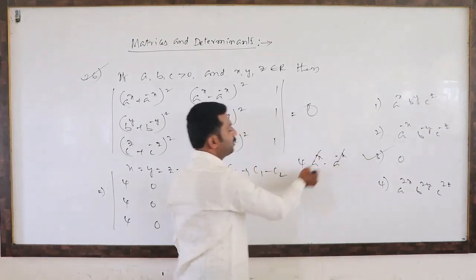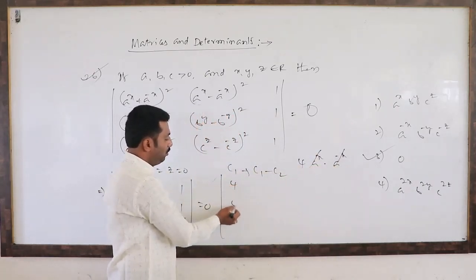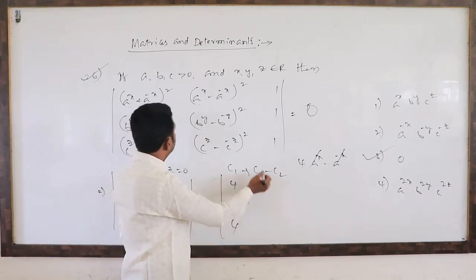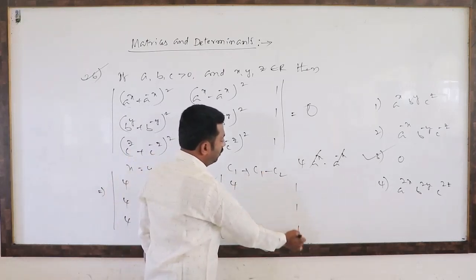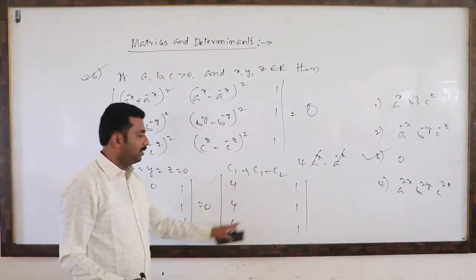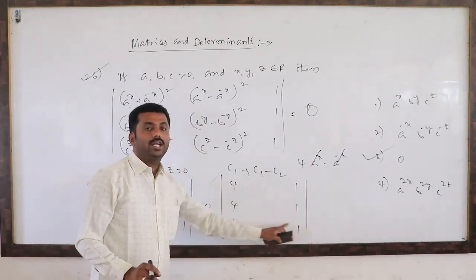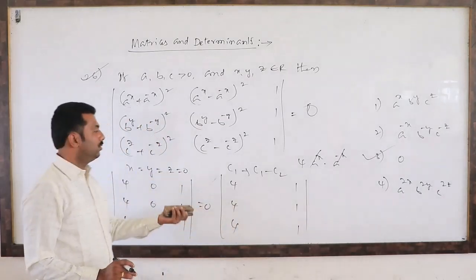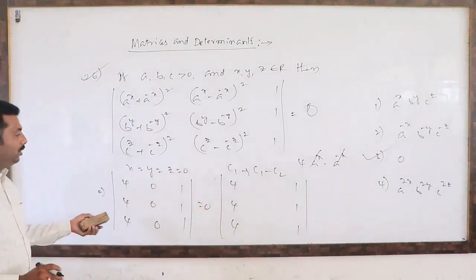So A power minus x cancels. So this is 4, 4, 4. No changes in second column. Third column 1, 1, 1. So if you take 4 common, it is 1, 1, 1, 1, 1, 1. Two columns are identical means determinant value 0. That is also another method you can solve.